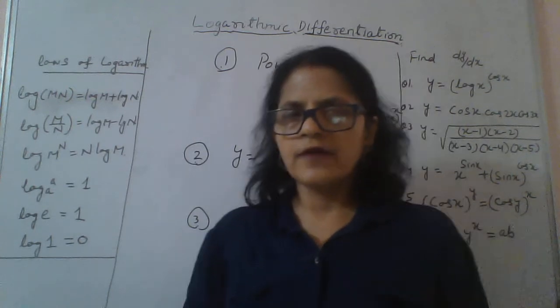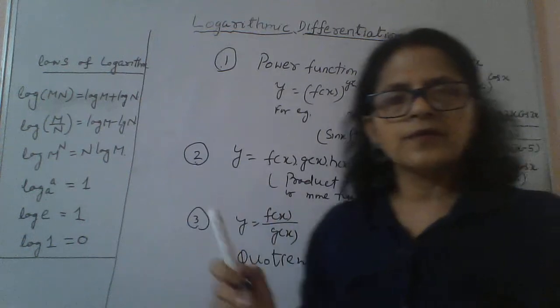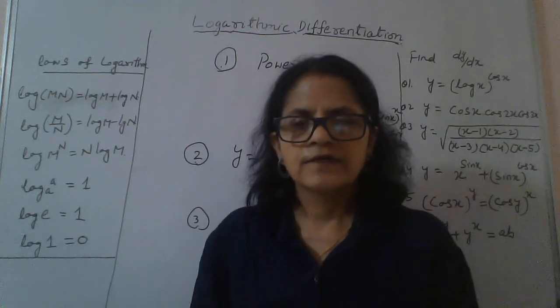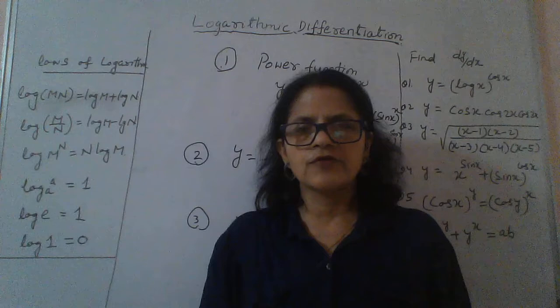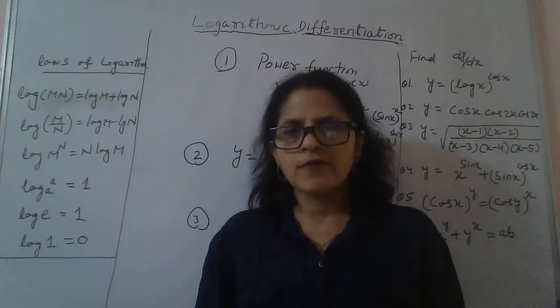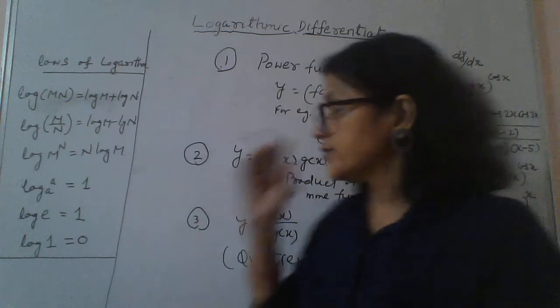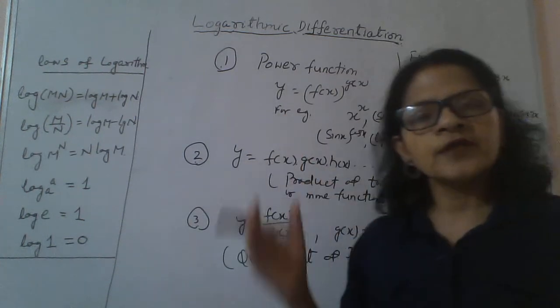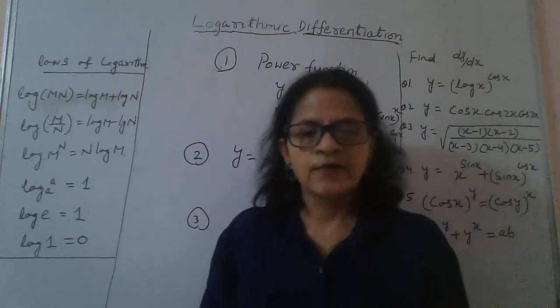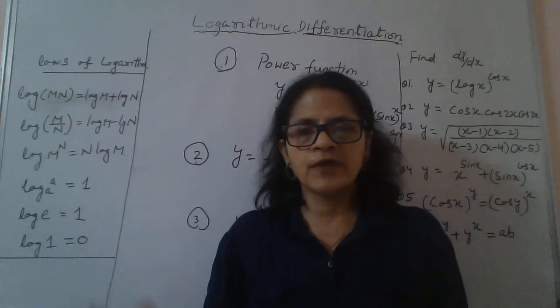Now you may have the question in your mind: whenever we have a product of two or three functions, why not use the product rule of differentiation? We have already studied it. You can use the product rule if you have y equal to uv, or y equal to uvw. That is not an issue, but sometimes this product is very complicated, such as a power of something into a power of something into a square root of something.